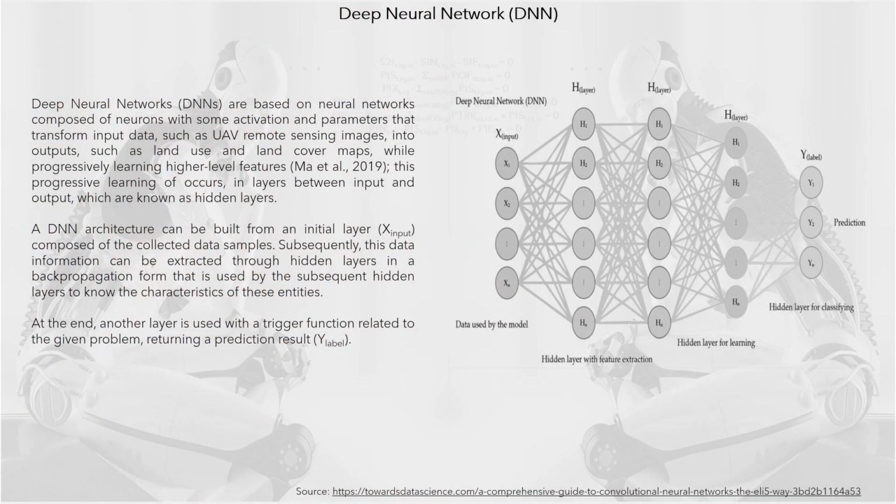Deep neural networks, DNNs, are based on neural networks composed of neurons with some activation and parameters that transform input data, such as UAV remote sensing images, into outputs, such as land use and land cover maps, while progressively learning higher-level features. This progressive learning occurs in layers between input and output, which are known as hidden layers.